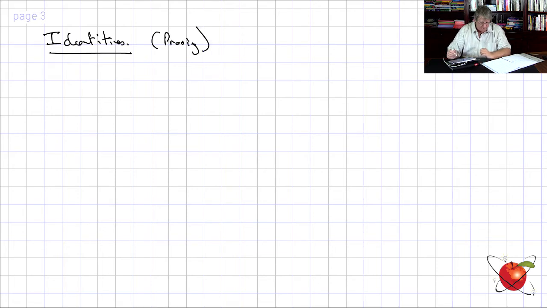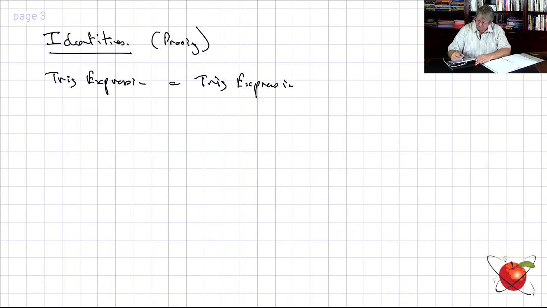Essentially, we've got a trig expression here, and they say prove it's equal to some other trig expression over here. Or it could be a number. Prove something's equal to minus 3 or something.